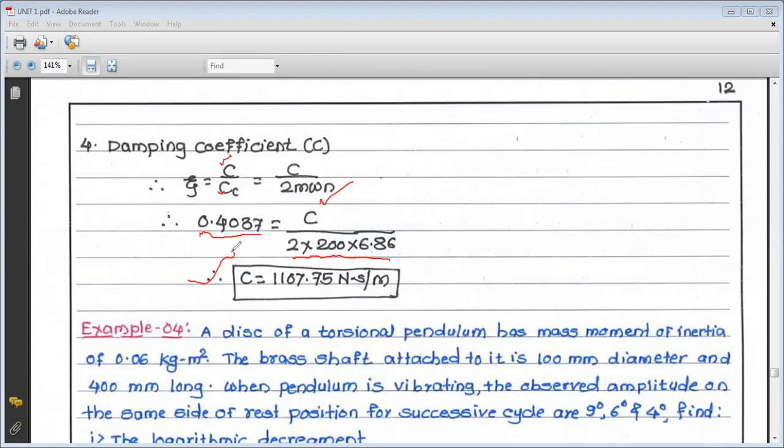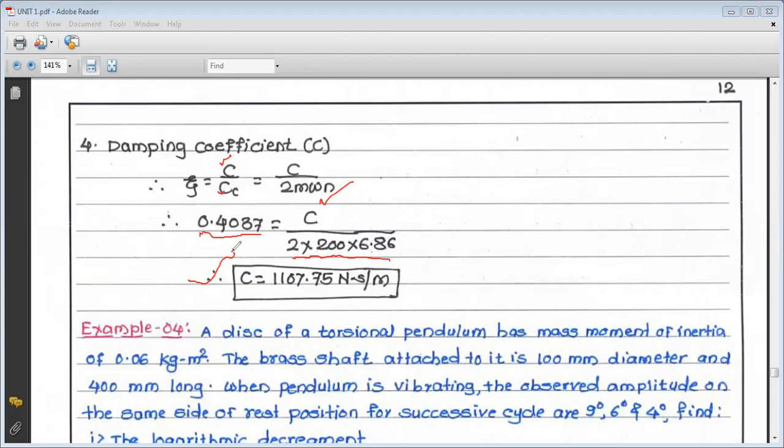So from that we have to find out the solution, that is stiffness, and second, we have to find out the damping coefficient. Now this is in linear vibration, that is either longitudinal vibration or transverse vibration.